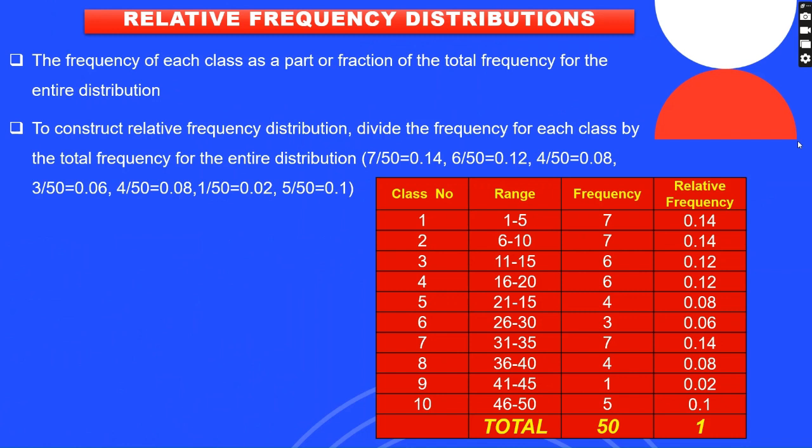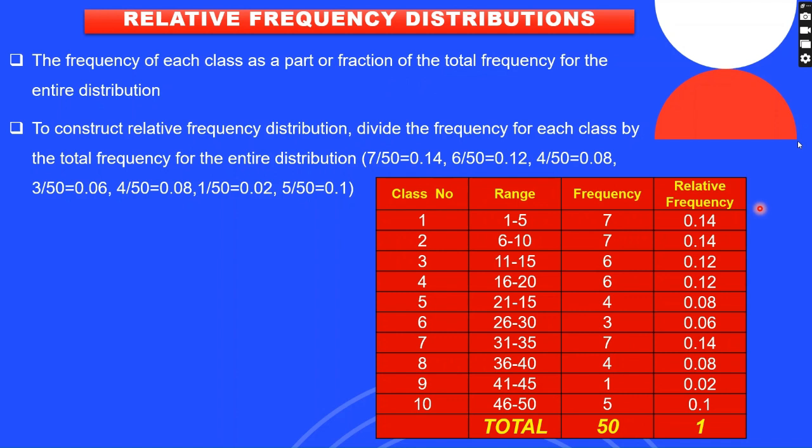Then the next one, relative frequency distribution. Again with the same model, we construct the first 2 columns as range as well as frequency, as usual, whatever we found in the frequency distribution. Then we can find the relative frequency. You can see the frequency 7 divided by the total frequency 50.